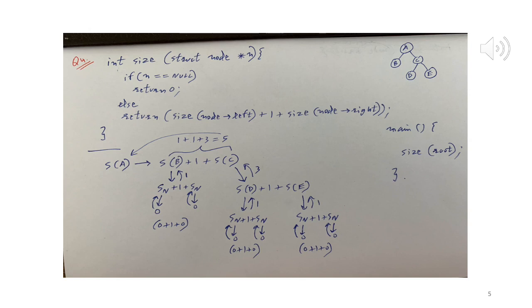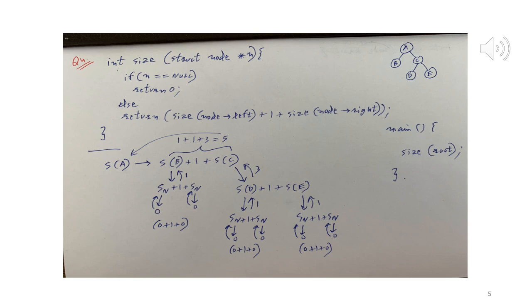Else, return size. Again, it's a recursive function, so the same function is called with a different input. Size node arrow left, the left child of node, plus 1 plus size node arrow right. So here you can see the 5 node tree. How many nodes are in this?